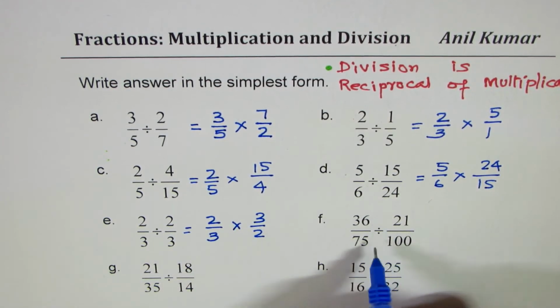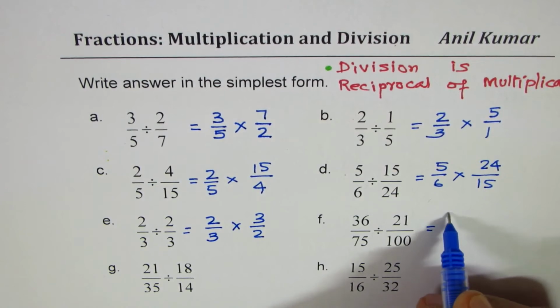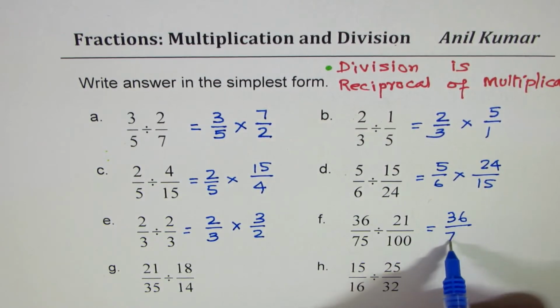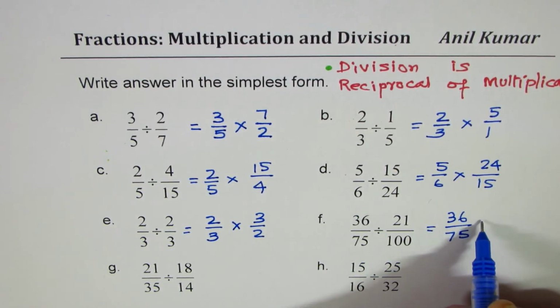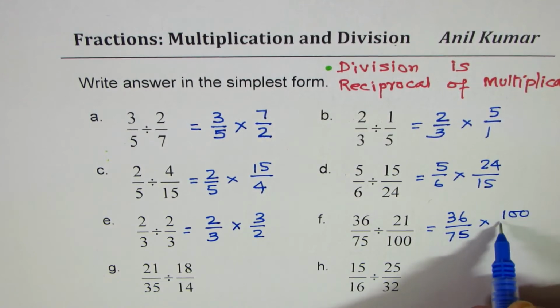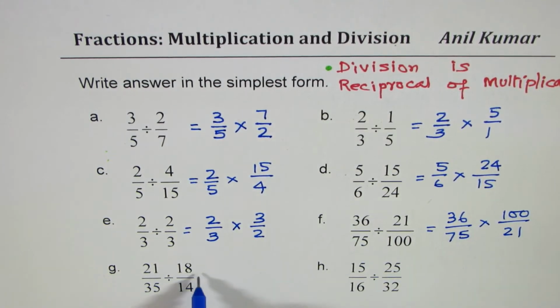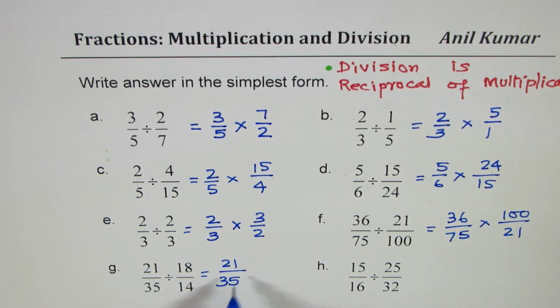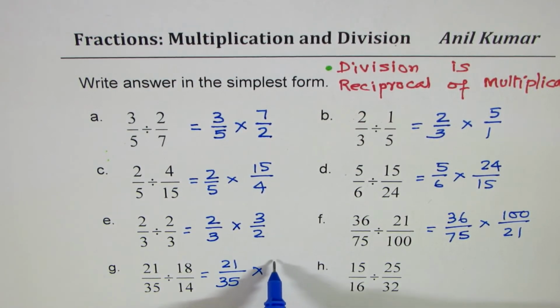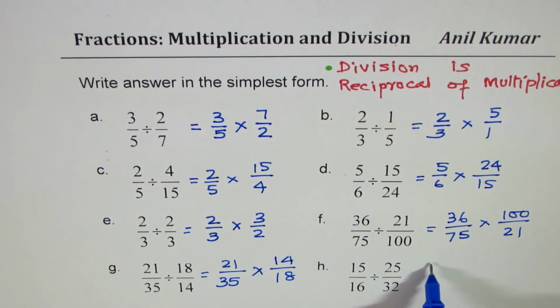Since you know how to multiply, I think you can do all of them. And that could be your practice question, right? So that's how you do it. So I hope the steps are absolutely clear. Let me know if there is a difficulty. Write it as comments, okay? The last one is 15 over 16.